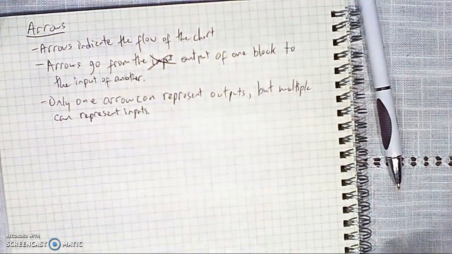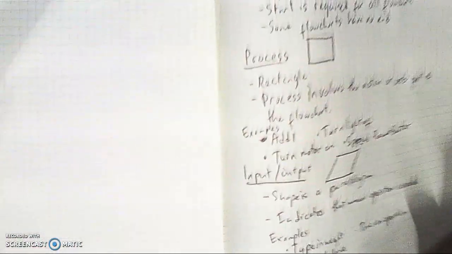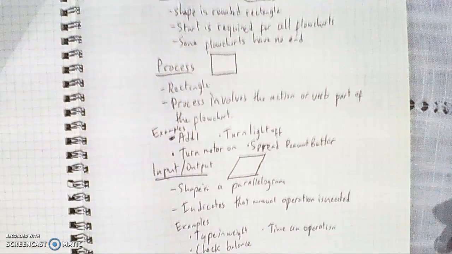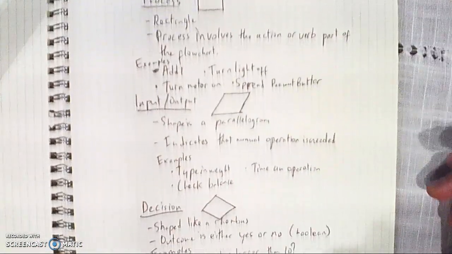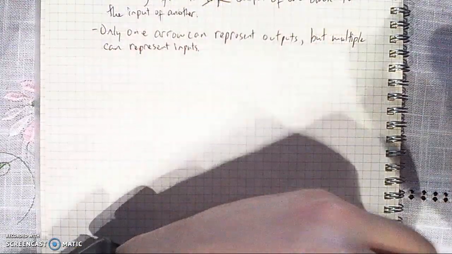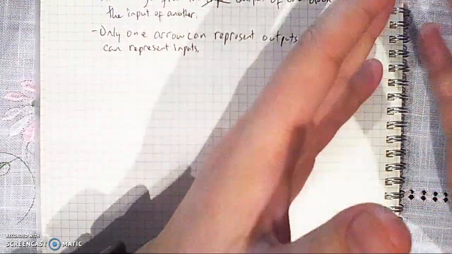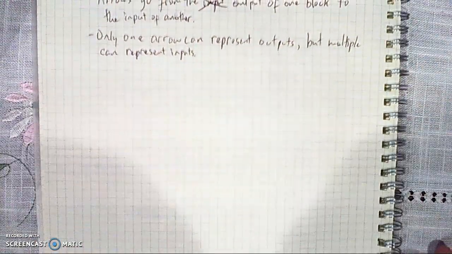Okay. So that's all the parts. Just to review, we have our start end, our process, our input output, our decision, and our arrows. Now, flowcharts are very useful for laying out how a program will work. We oftentimes will start with a flowchart before we write any programs just to go through how things should perform.